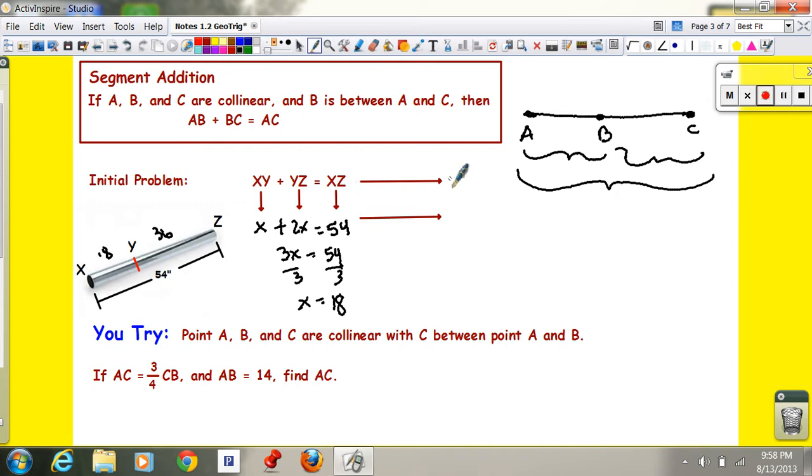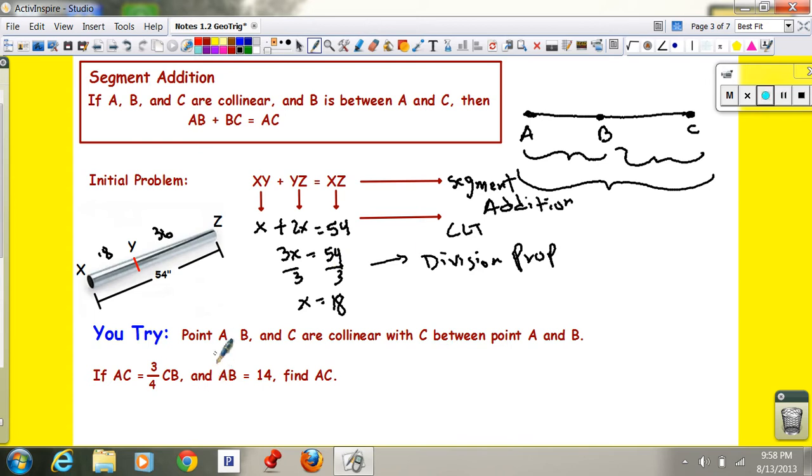This right here is called segment addition. And then we would combine like terms. So I would call it CLT, combining like terms, and then you're going to do your division property. And you'd have your answer of 18.